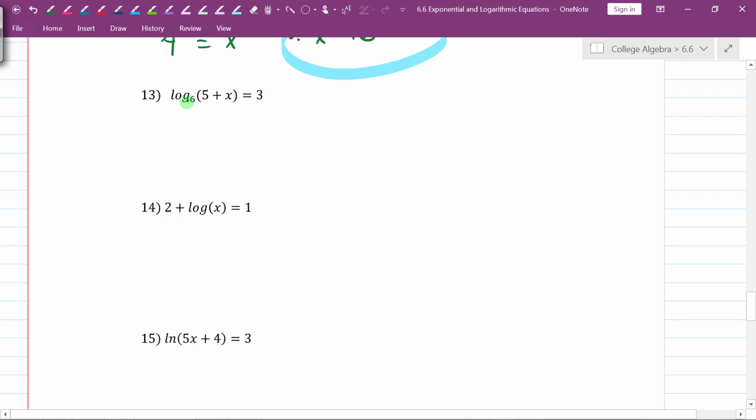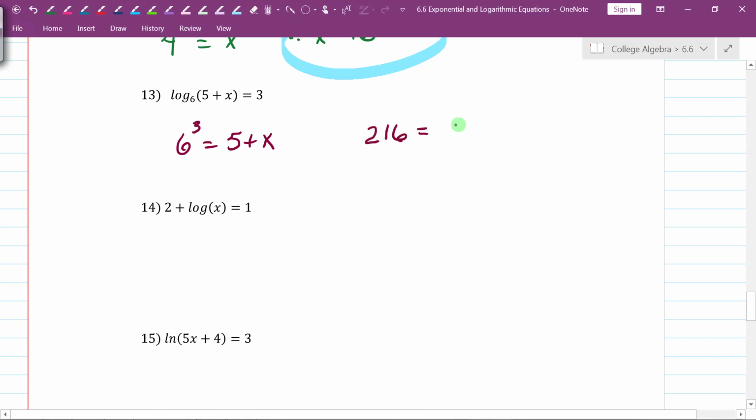When you have a base that's a number and a number over here, that's kind of a clue to go ahead and rewrite it as an exponential. So this is going to be 6 cubed is equal to 5 plus x. 6 cubed equals 5 plus x. Well, grab out your calculator. What is 6 cubed equal to? Very good.